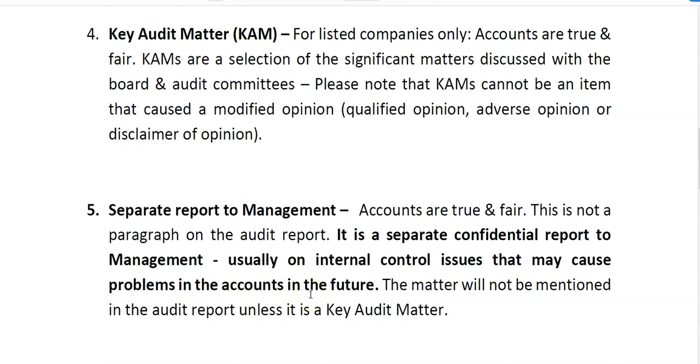And I suppose it may be mentioned if it was a key audit matter, because the key thing is there's an internal control weakness. It hasn't affected the accounts yet. So the accounts are correct. So it could be a key audit matter that was addressed, and then the auditors feel they need to highlight the issue to management separately, because they believe it may cause problems in the future.